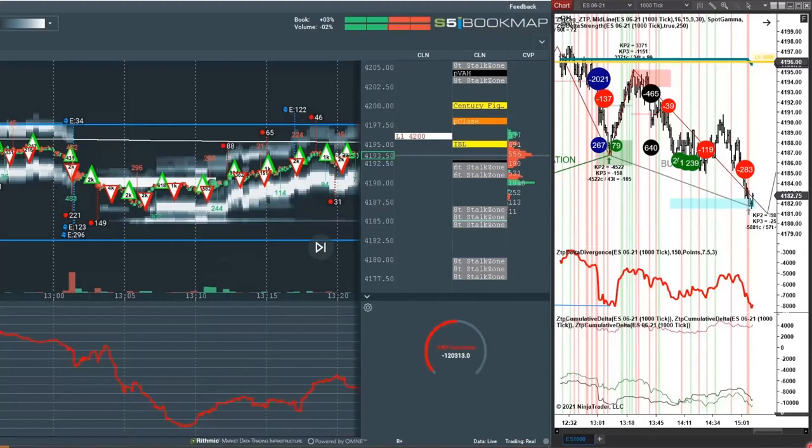And the delta strength also picked that up at exactly the same time. You're going to notice that on the bottom of the Bookmap chart, the HIRO indicator itself is showing a cumulative value for the day. And this is a very important part of the slide.